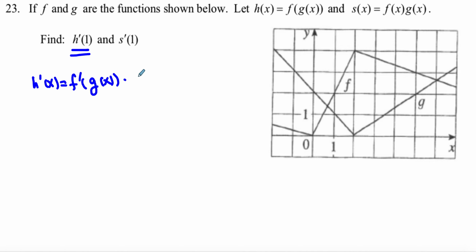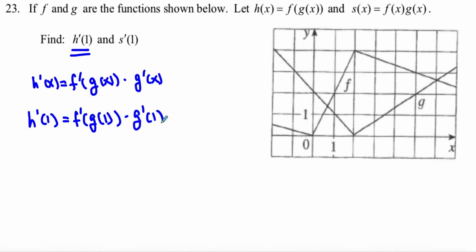But by the chain rule, we have to multiply by g prime of x. So based upon this idea, h prime of 1 now becomes f prime of g of 1 times g prime of 1. Let's try to figure the first portion out.